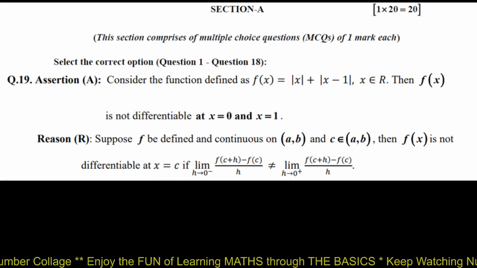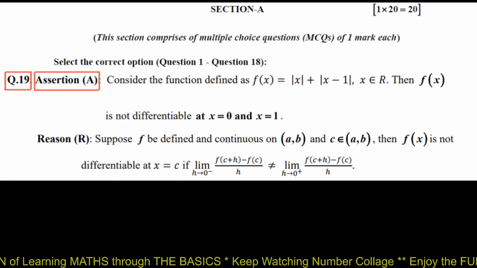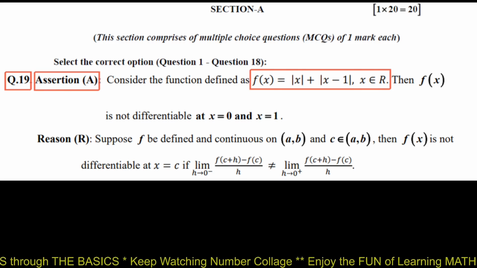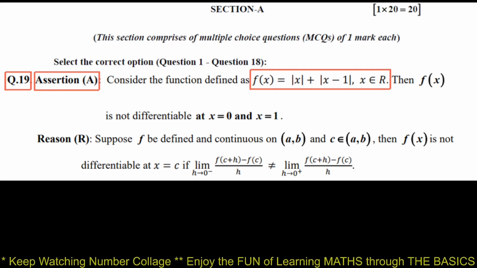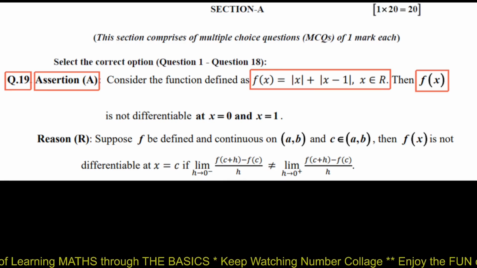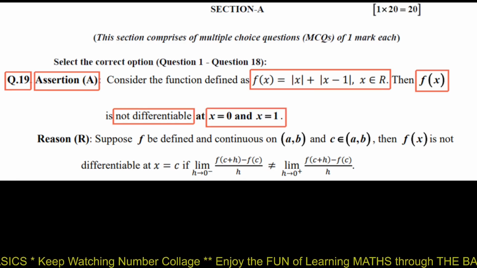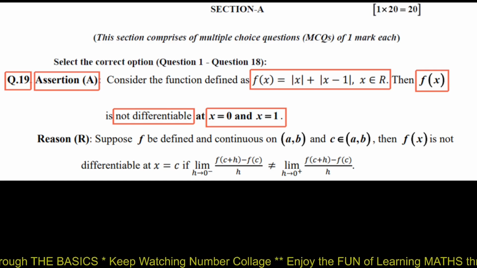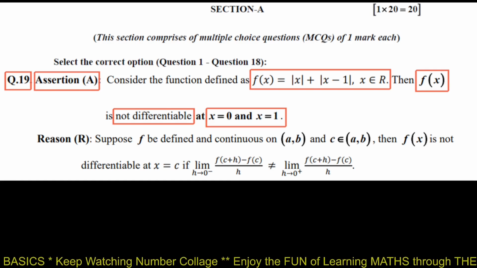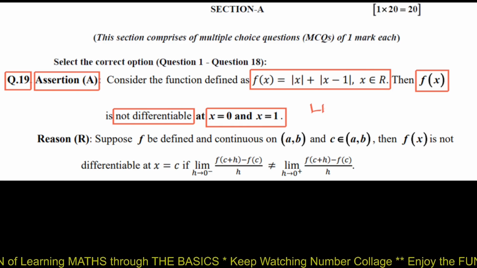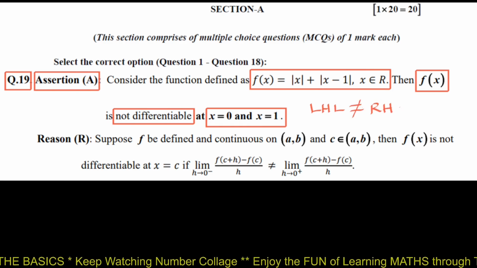Question 19. In assertion A, the modulus function f(x) is defined for x real, and this f(x) is not differentiable at x equals 0 and x equals 1. A function is not differentiable at a point when the left hand limit is not equal to its right hand limit.